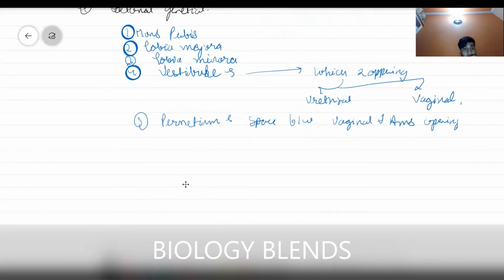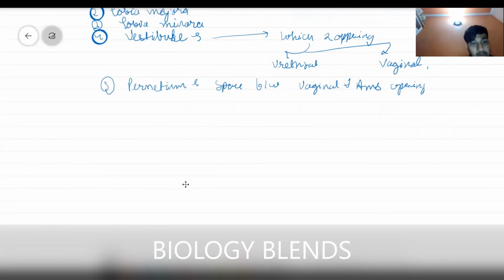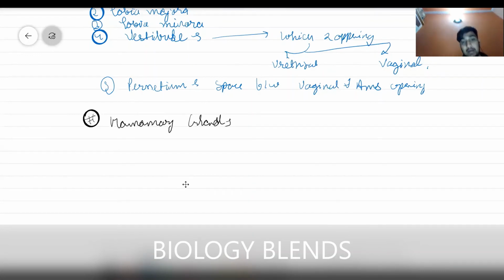Besides external genitalia, we have mammary glands. The mammary gland is a modified sweat gland, an apocrine gland.